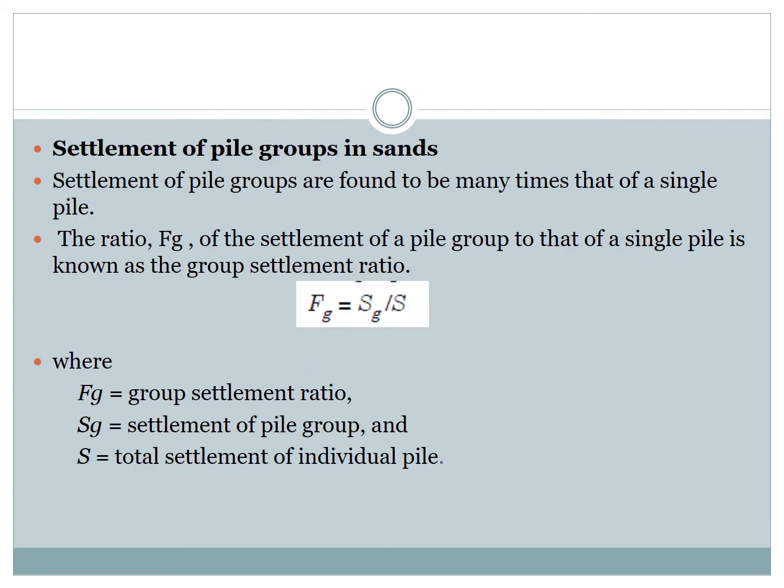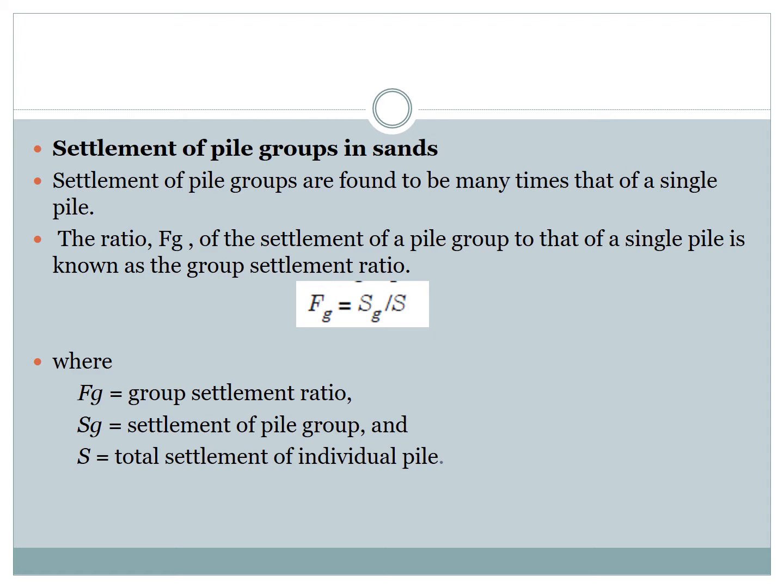So settlement of pile groups in sand: Skempton gave the equation for settlement of pile groups in sand. Okay. So the settlement of pile group is estimated from the settlement of a single pile as determined in a pile load test.